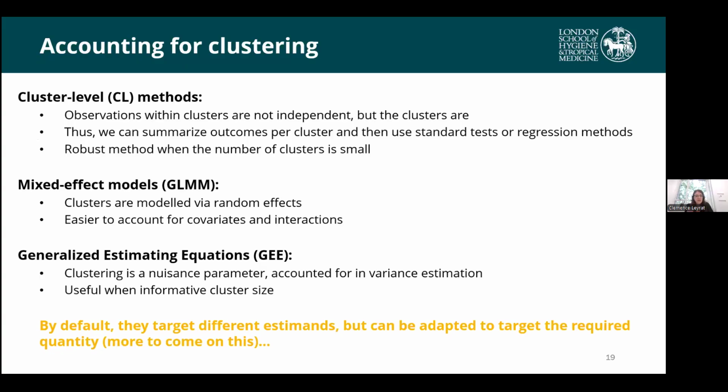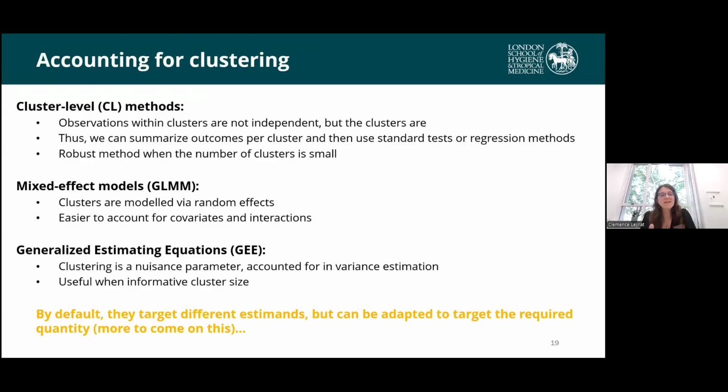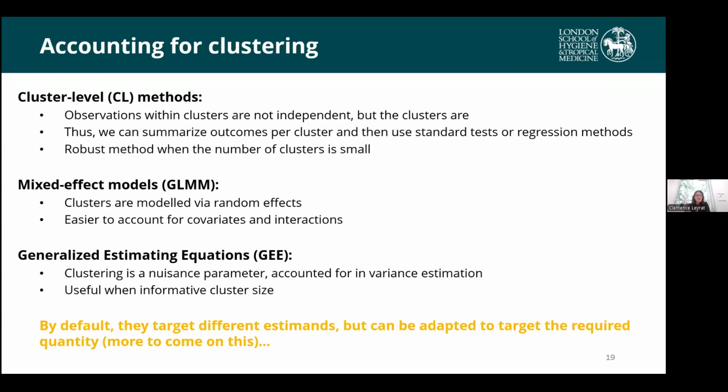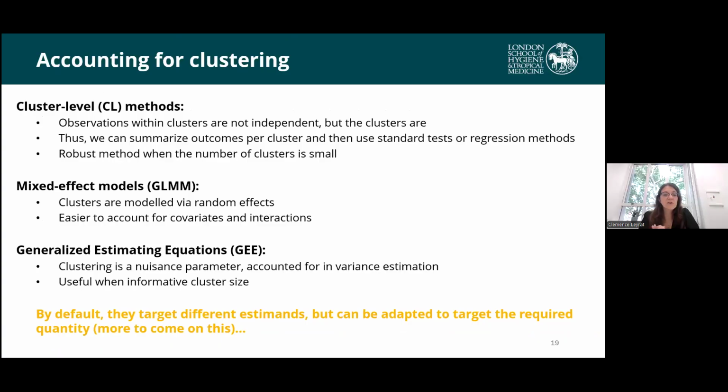And the third family of methods is generalized estimating equations, where instead of modeling clustering, it's just a nuisance parameter and we account for it in variance estimation, because when there is clustering, the confidence intervals will be wider. And as I will discuss later as well, GEEs are very useful when we have something called informative cluster size.